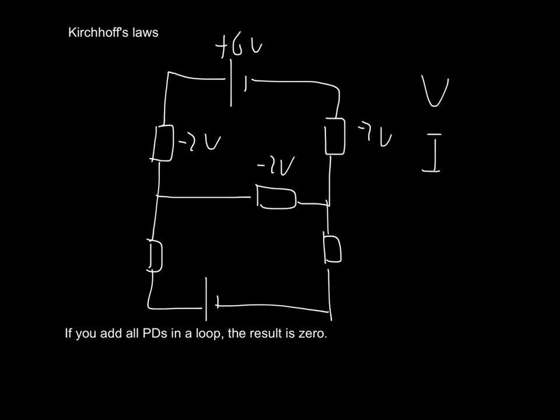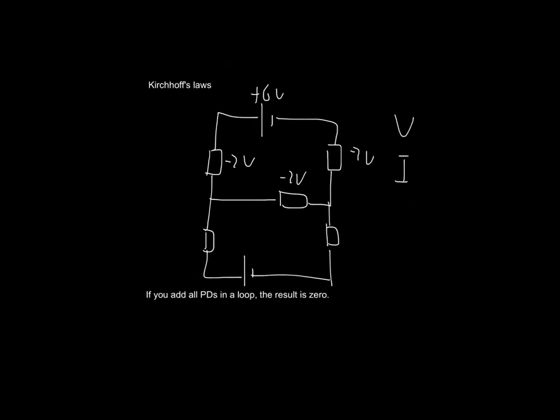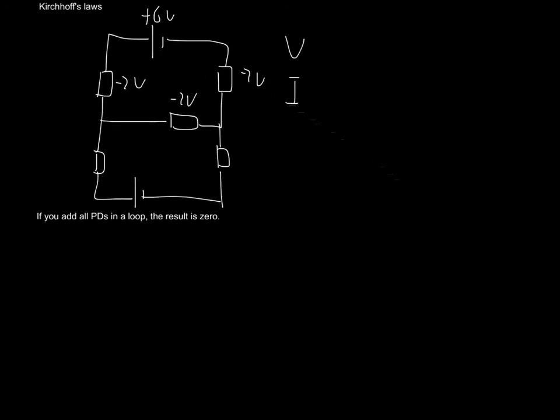Wow. Okay. Now, the second law relates to current, and that's even more obvious than the first one. All that it says is that the current that goes in has to be equal to the current that goes out. So, for example, if here I have a current I1 going in, then this is I2, this is I3, so I1 has to be equal to I2 plus I3.